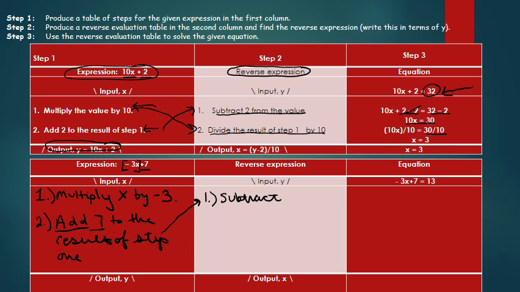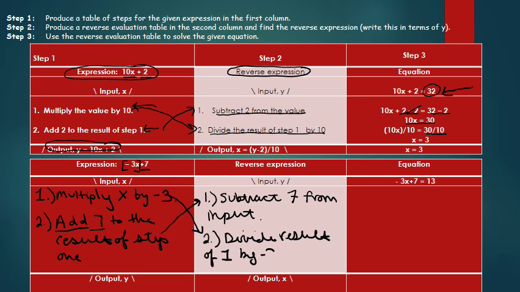I added 7, so subtract 7 from input. Okay, and then step 2 is again what my first step is, only now it's the opposite, so I need to divide the result of step 1 by negative 3.